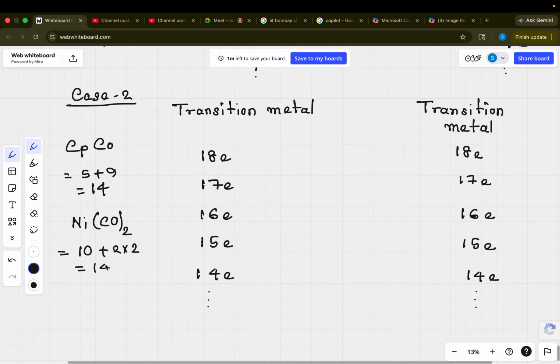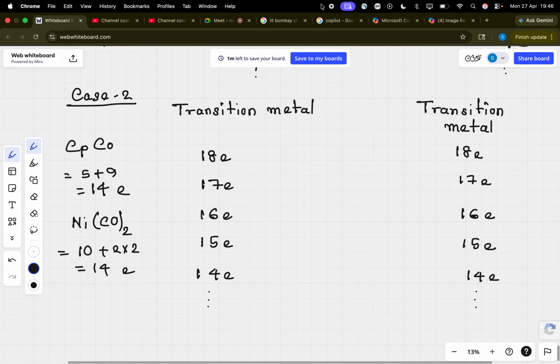So that is also 14, right? So this CpCo is equivalent to this Ni(CO)2 unit also. You can replace them. Done.